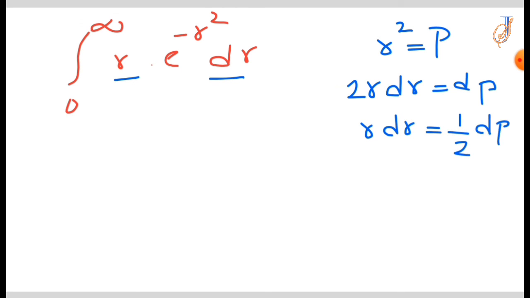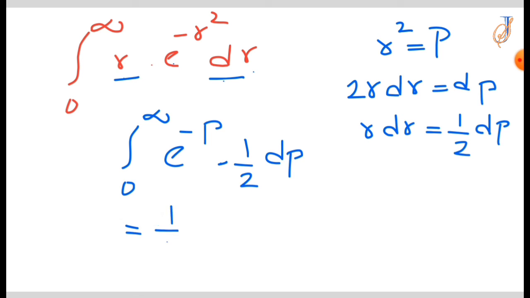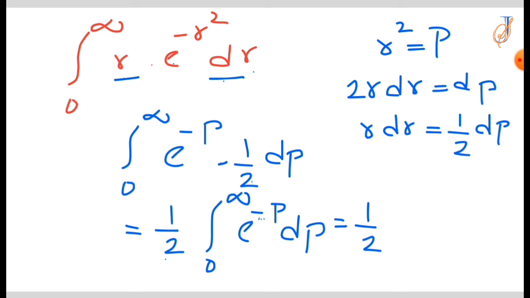Now just substitute here, then you will get 0 to infinity e power minus r power 2, that means minus p, and r dr is nothing but 1 over 2 dp. So we can write this as 1 over 2 constant, I write it first, then integral 0 to infinity e power minus p dp. Integral of e power x dx, the value is e power x only, but here we have negative in the power, so we will get 1 over 2 times minus e power minus p.